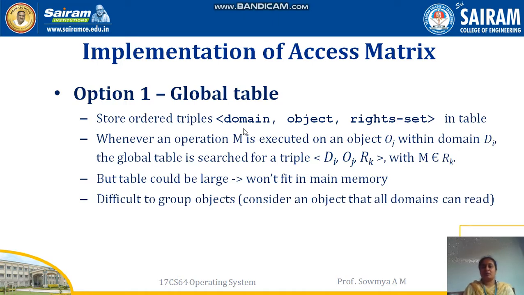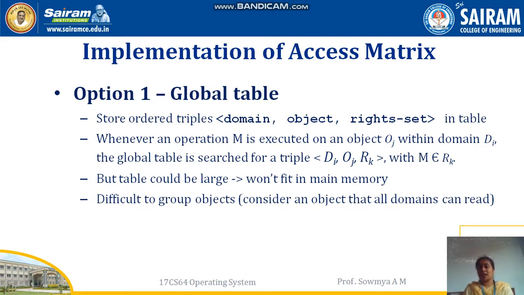In the global method we have triplets stored in a table: domain, object and access right. So Di is a domain, Oj is an object, Rk is the right set with M belonging to Rk.